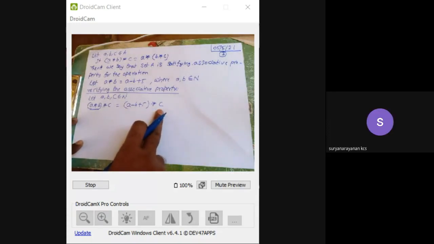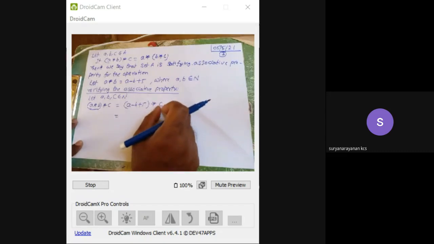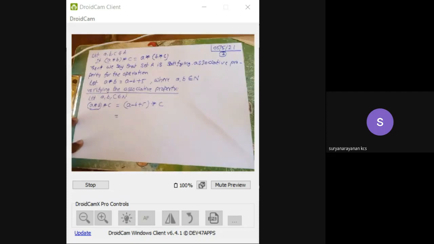Now, how do you define star operation between these two numbers? Only 2 numbers are there. Before the star, this number should be considered as the first number. After the star symbol, this is considered as the second number. How do you define star operation between A and B?